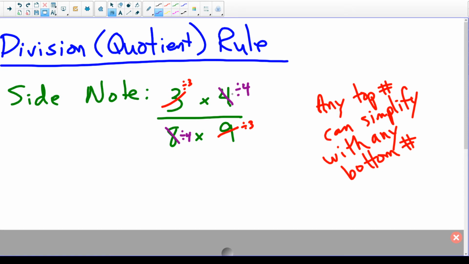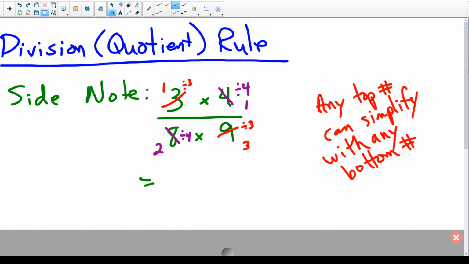You can just do it before you start. The 3 would become a 1. The 9 would become a 3, because you're dividing both of them by 3. And then the 8 would become a 2, and the 4 would become a 1. Then you're just multiplying those new numbers to find your final answer.